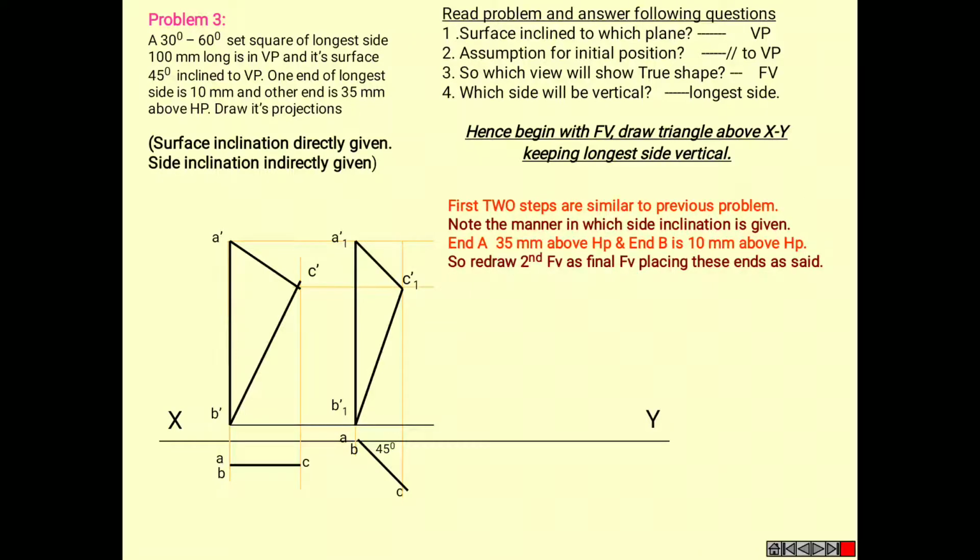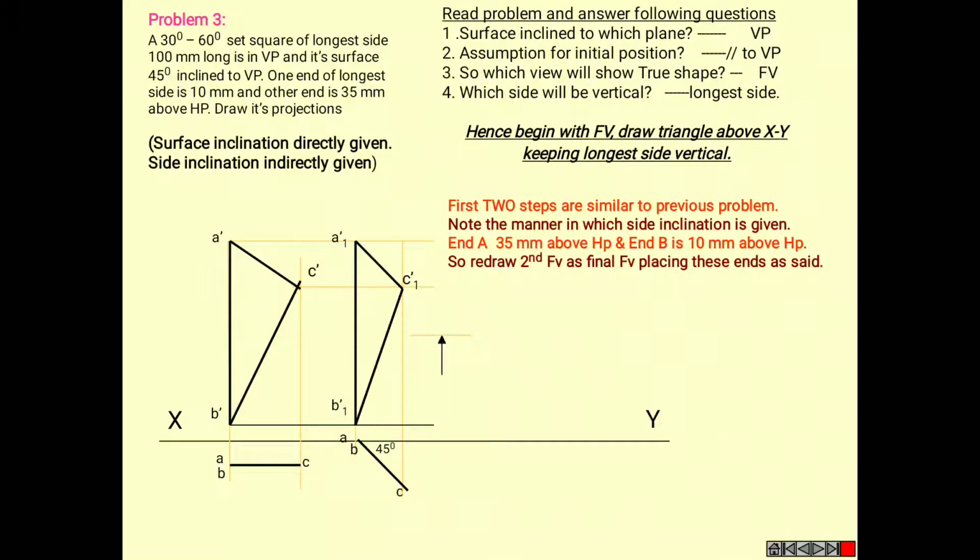So the first two steps are similar to the previous problem. Note the manner in which side inclination is given, and the end A is 35 mm above HP and end B is 10 mm above HP. So redraw the second front view as final, the front view, placing these ends as said.